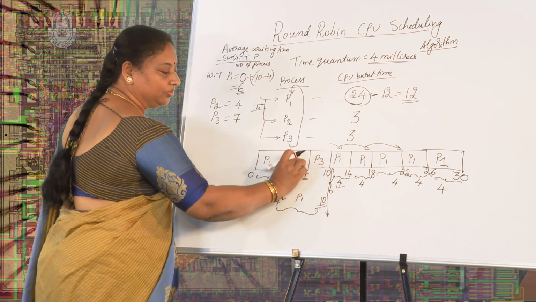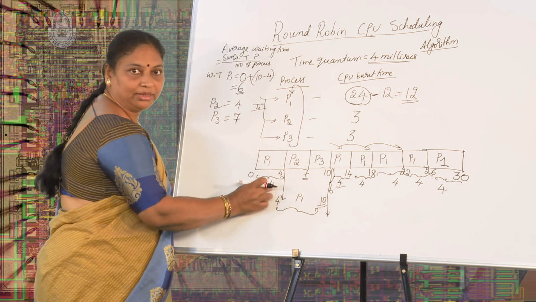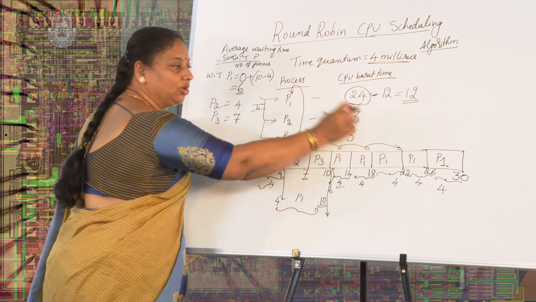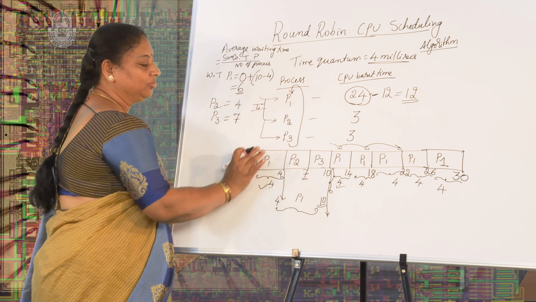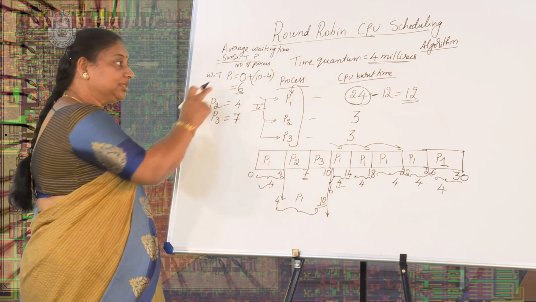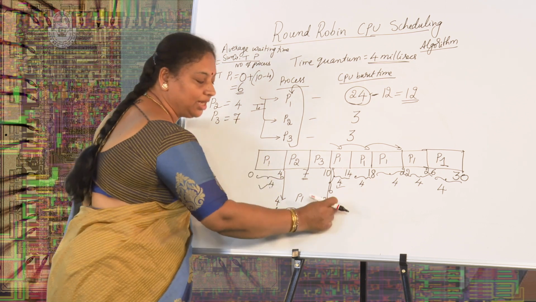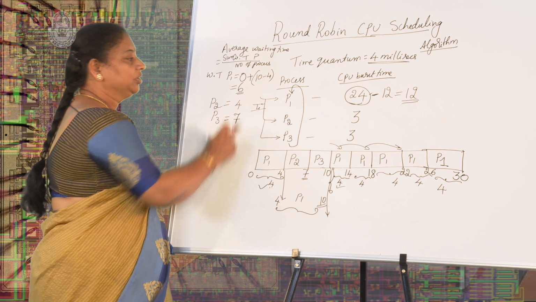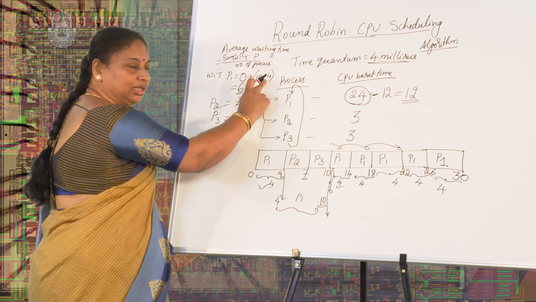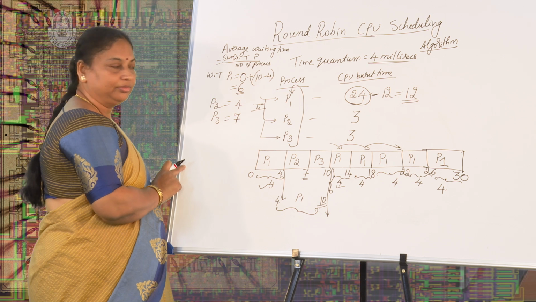See, now P2 and P3, they are waiting only one time. Their execution is not repeated. So for that there is no further waiting time. Whereas for P1, there is a suspension and then re-execution has taken place. So there is a further waiting time. We have to consider that for P1.